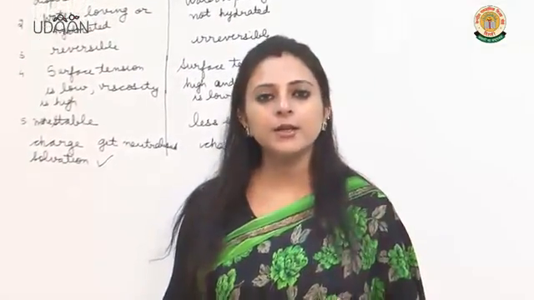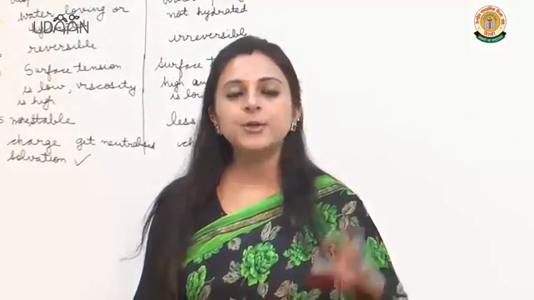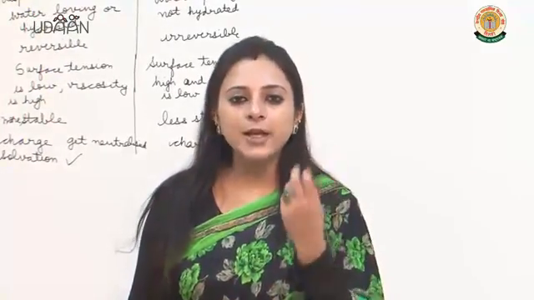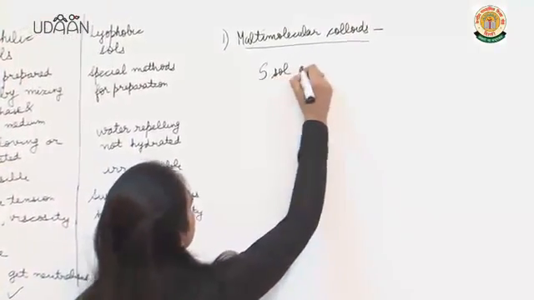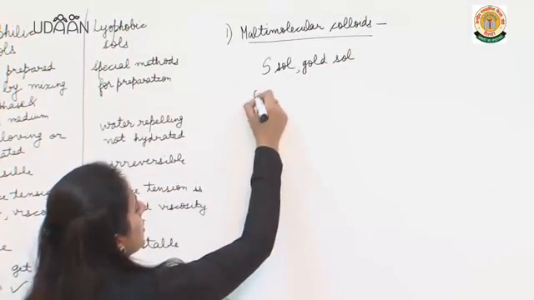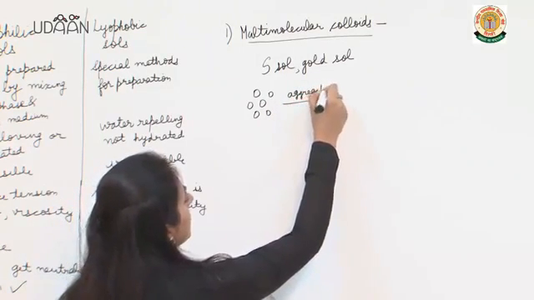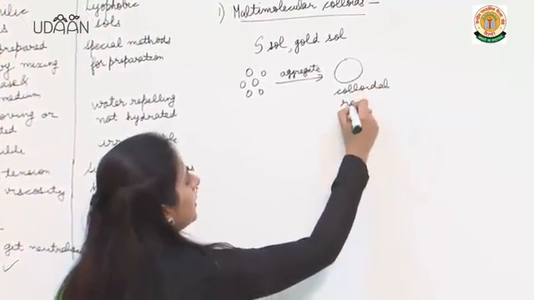When many small molecules aggregate together to form a sol, to form a big molecule which lies in the colloidal range, we call it a multimolecular colloid. So multimolecular colloids are sulfur sol, gold sol. So what did we do? We took many small molecules, aggregated them and we got a molecule whose size lies in the colloidal range.